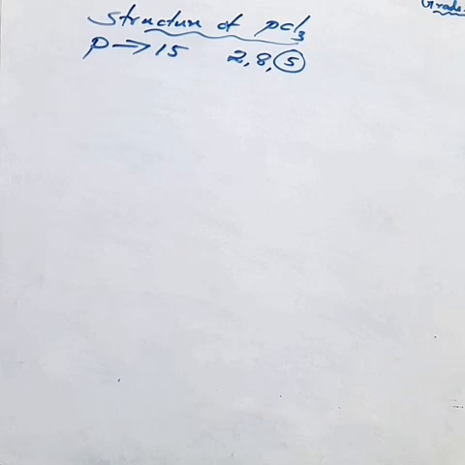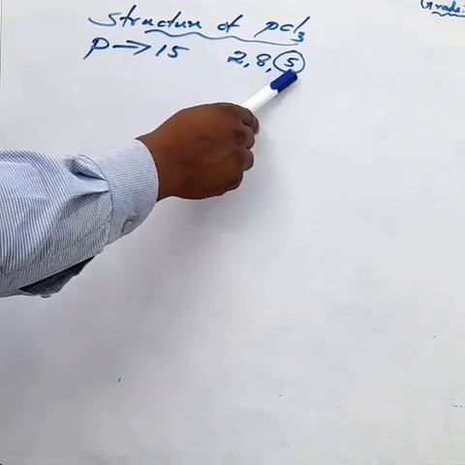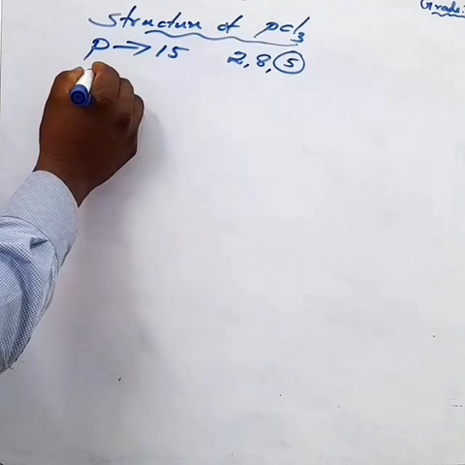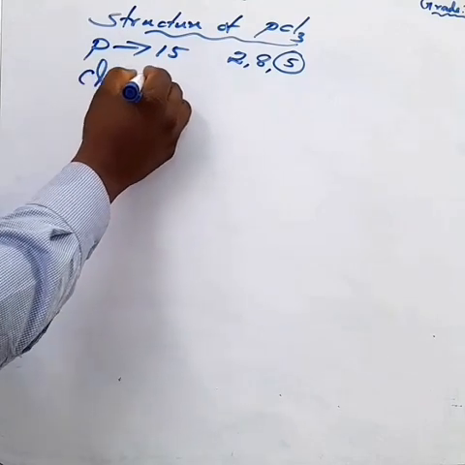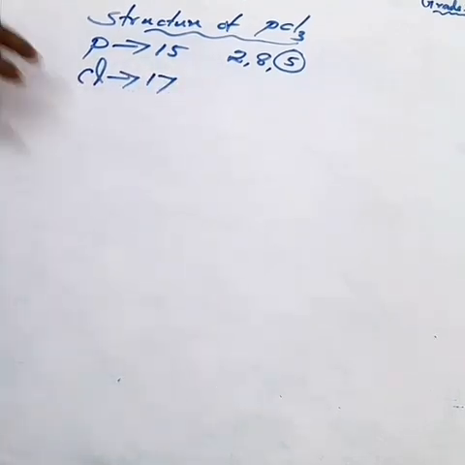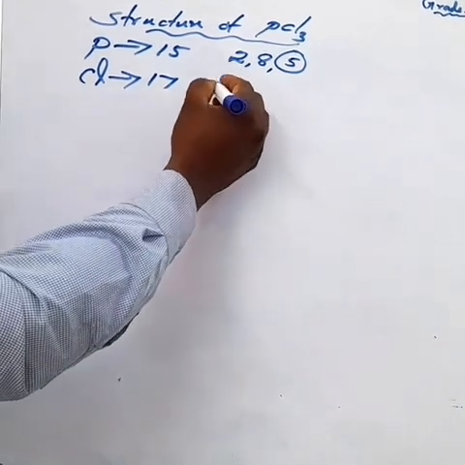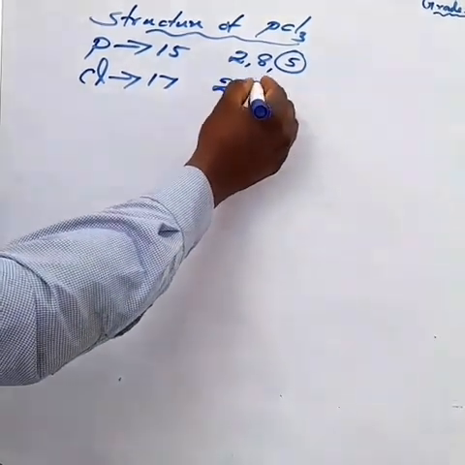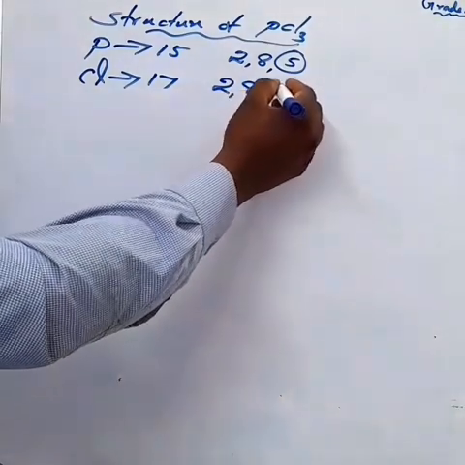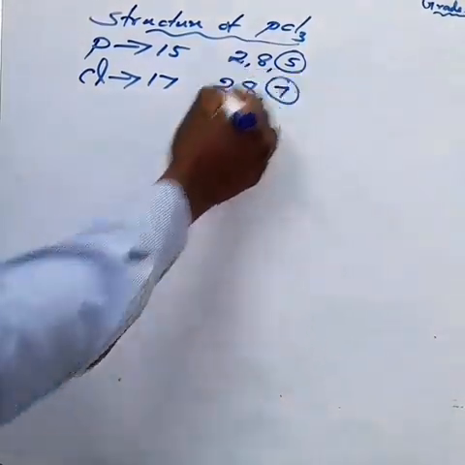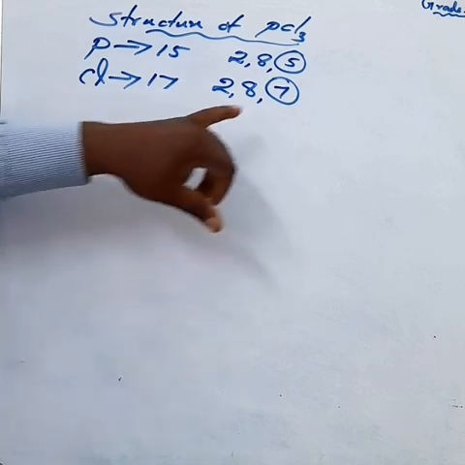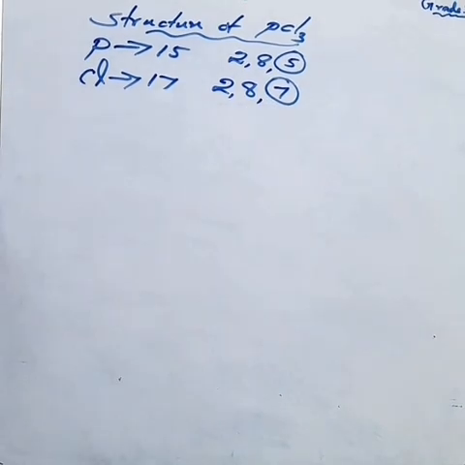So the valence electrons of phosphorus are 5. Am I right? Next, chlorine. The atomic number of chlorine is 17. The first shell accommodates 2 electrons, the second shell 8 electrons, and the third shell the remaining 7 electrons.